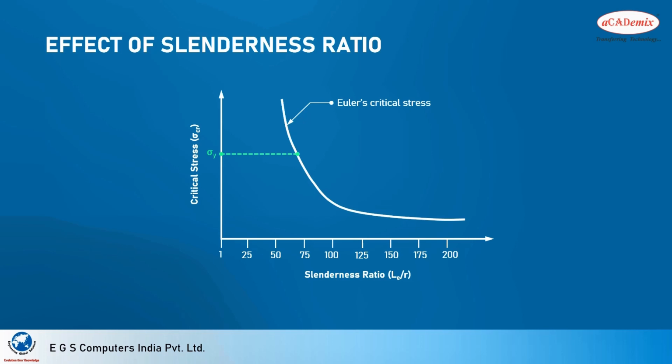The vertical line is called the limiting slenderness ratio, which depends on the material's Young's modulus and yield strength. If a column's slenderness ratio is below this limit, it falls under the inelastic buckling limit. This is only a theoretical behavior of the column, but in experimental results, we have this kind of behavior.